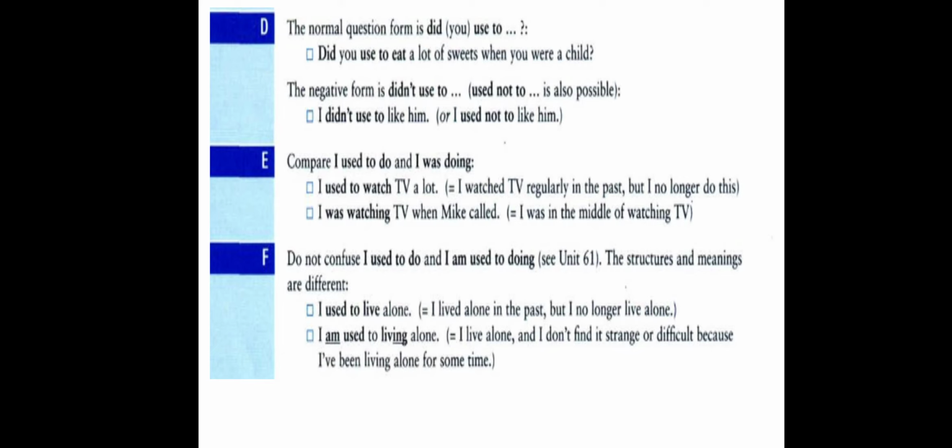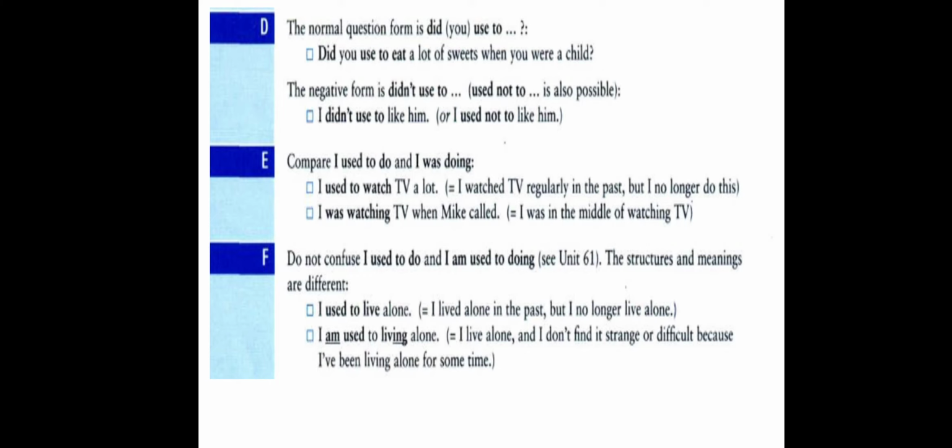But in the second part, I am used to, you will find an auxiliary verb am, and it can be am, is, are, that depends on the subject, and "used to" plus verb plus ing. If you have am, is, are before "used to", then "used to" is followed by verb plus ing.